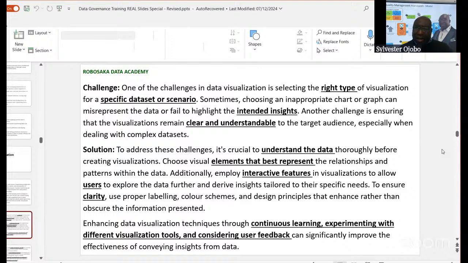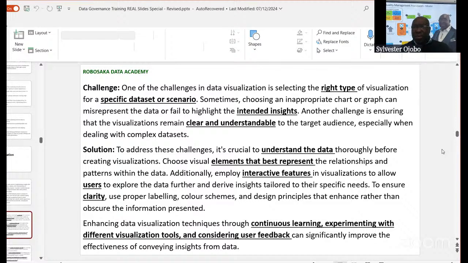You employ interactive features in visualization, as you said now, Nicholas, to allow users to explore data further and derive insights tailored to their specific needs. Interact with them. If they're not okay with such a representation, you use another one. They tell you to do it this way.